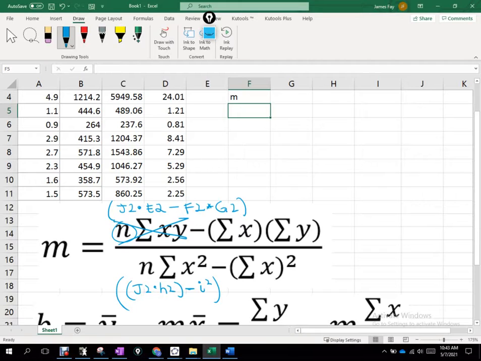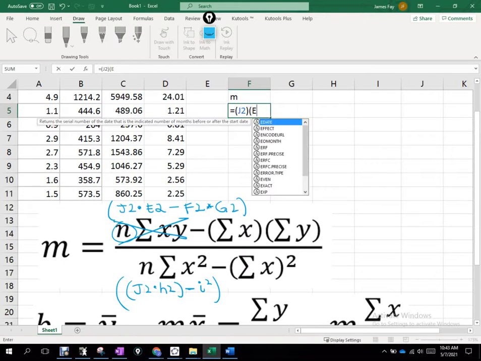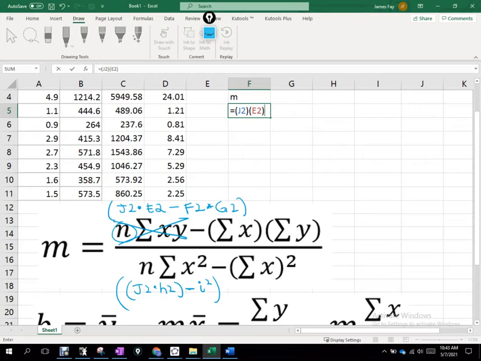So once I do that, I can go ahead and type that in. Excel does not know what implied multiplication is. So if I want to take J2 times E2 and I did something like that, it's not going to know what that is. I have to actually use the multiplication sign.